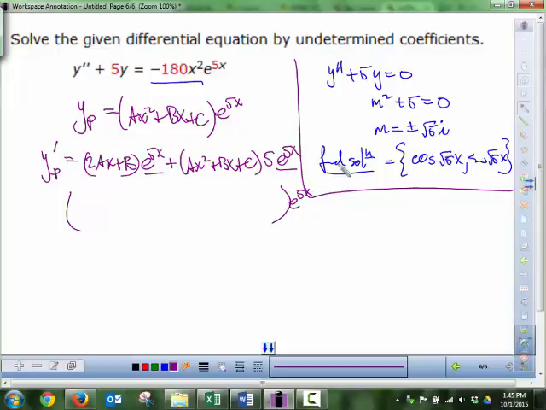I don't know if this is any easier. Ah, screw it. Let's go back to two product rules, here we go. Derivative of the first, that's 2a. X is still the variable. Remember, you got a's and b's floating around. They look like variables. Those are just coefficients, undetermined coefficients, as a matter of fact.